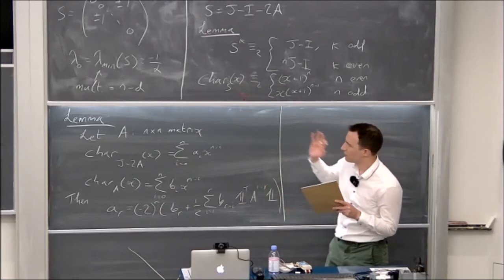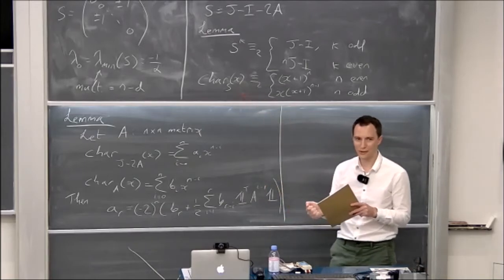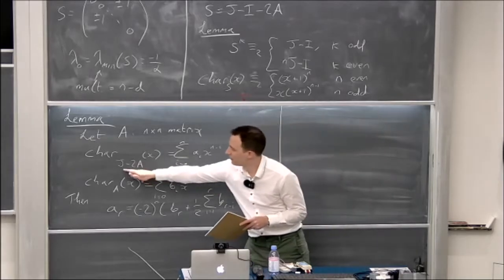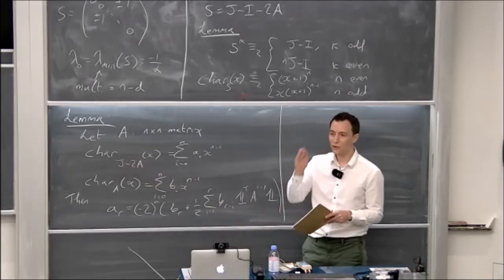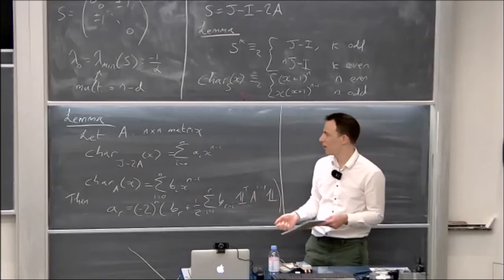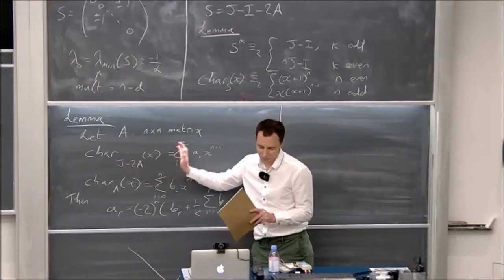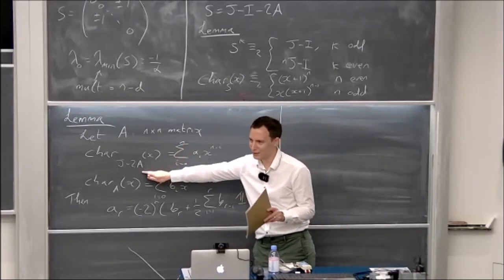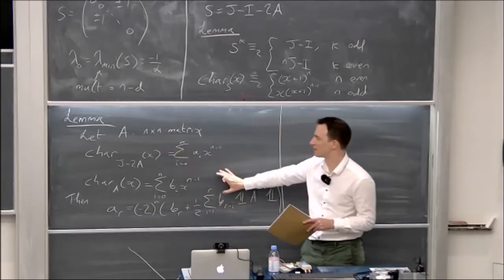So we started off with the Seidel matrix, which has zeros on the diagonal. And now I'm looking at this object, j minus 2a, which just has ones on the diagonal. When I apply this, I assume there's zeros on the diagonal, but it doesn't actually matter for this result.